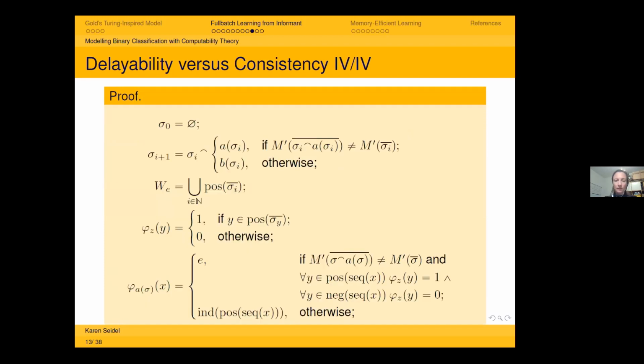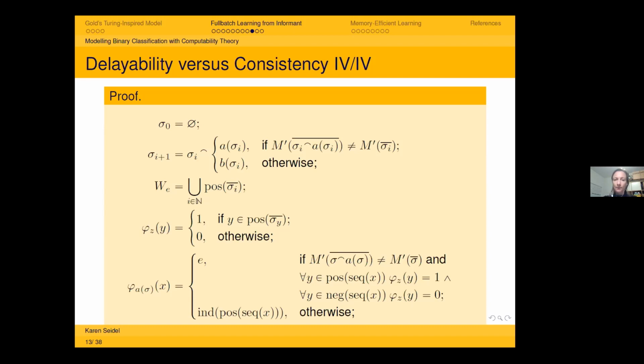Now this is not the complete definition because it doesn't fit on a slide, but my goal is more to give an idea of how the operator recursion theorem is applied. And what is happening here is that at the same time one defines data streams A and B, and one defines the small e, an index for a recursively enumerable set, and a small z, an index for a partially computable function in this phi indexing of partially computable functions.